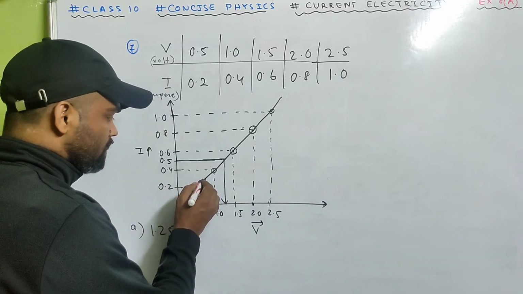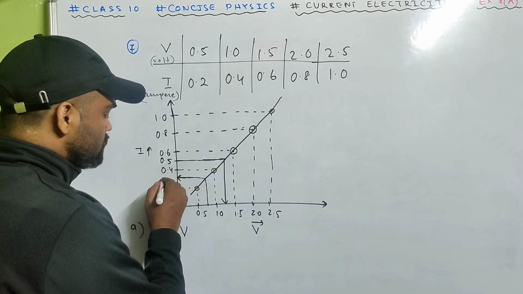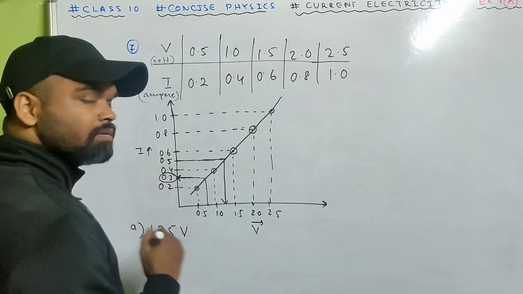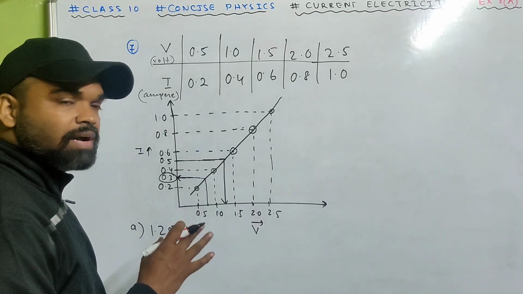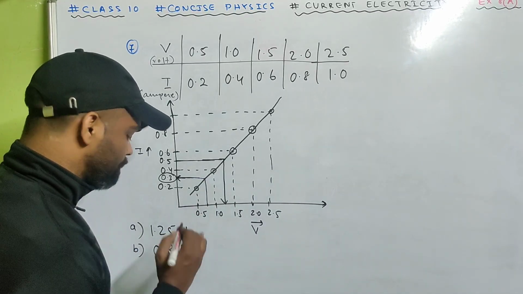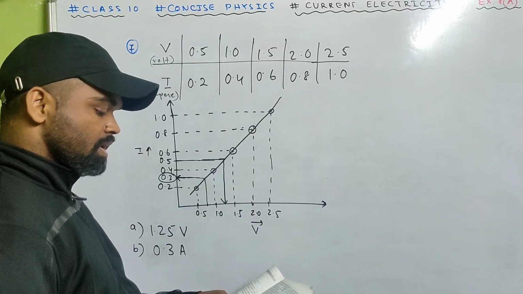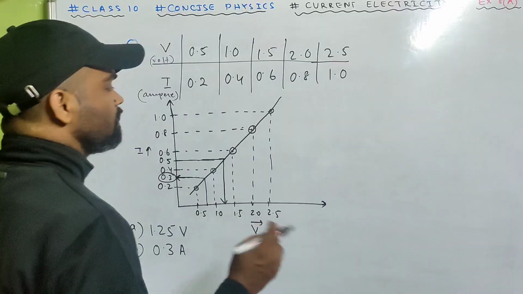It meets the line over here. Then draw a line parallel to the x-axis like this. So this is 0.3 if you look carefully, between 0.2 and 0.4. If you do it in the graph, the exact reading will come. This will only come, 0.3 ampere.